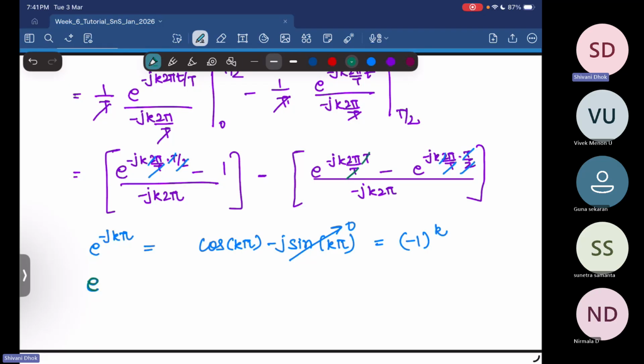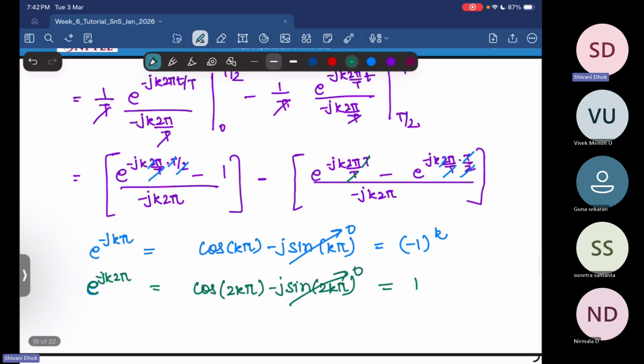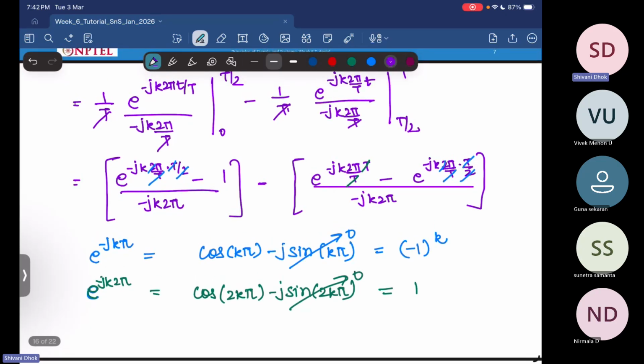So what you have is e power minus j k 2 pi. So this becomes cos of 2k pi minus j times sine of 2k pi. This goes to 0, so what we are left with is 1. So every even integer multiple of pi has cosine 1. Therefore, what we are left with is your ck.